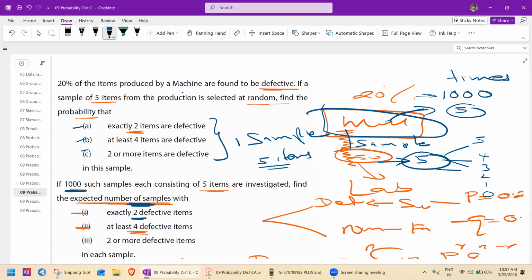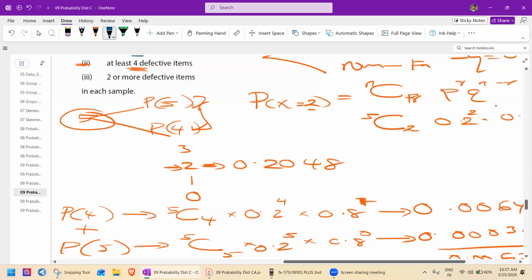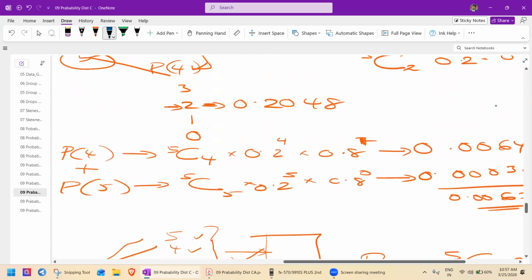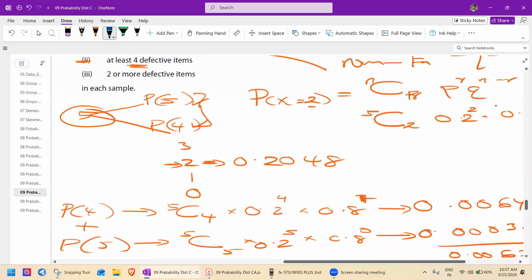Let's see. In one sample, the probability of getting exactly 2 defective items, we already found, is 0.2048.